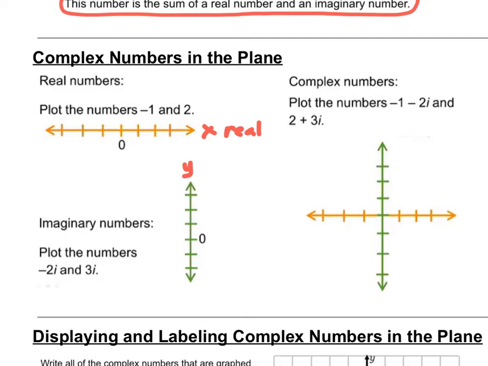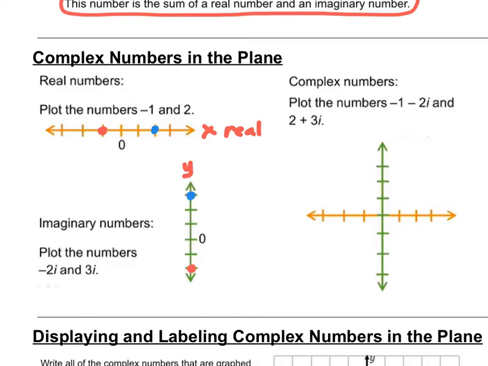So if I were to plot the numbers, say, negative 1 and 2, here's negative 1, and here is positive 2, okay? Now, if I were to plot the imaginary numbers, say, negative 2i and 3i, negative 2i is going to be down here, 2 away from 0, and 3i is 3 away from 0, all right?